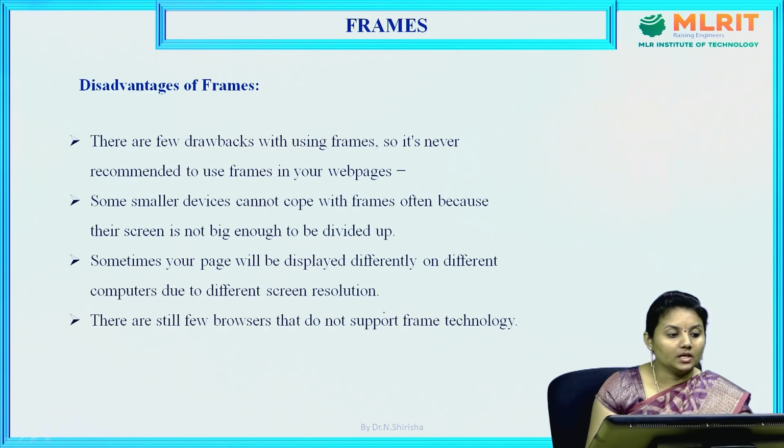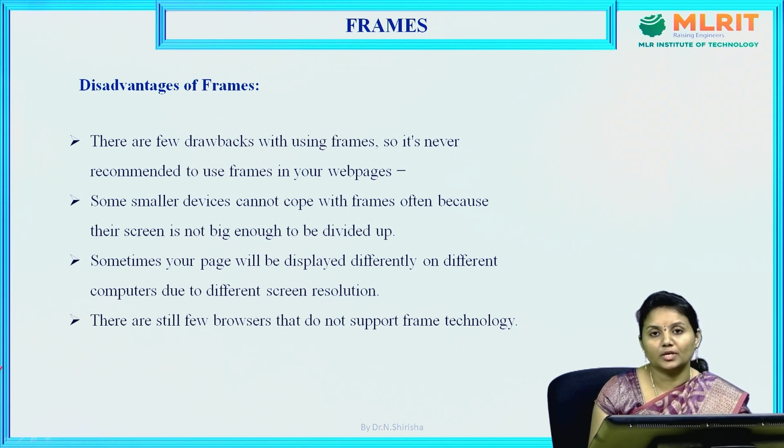Then what are the disadvantages? Along with the advantage where you can divide a single page into multiple pages, you have disadvantages also. Browsers may not be compatible, because as browsers get upgraded they may not be compatible, and the visibility of your frame may differ.